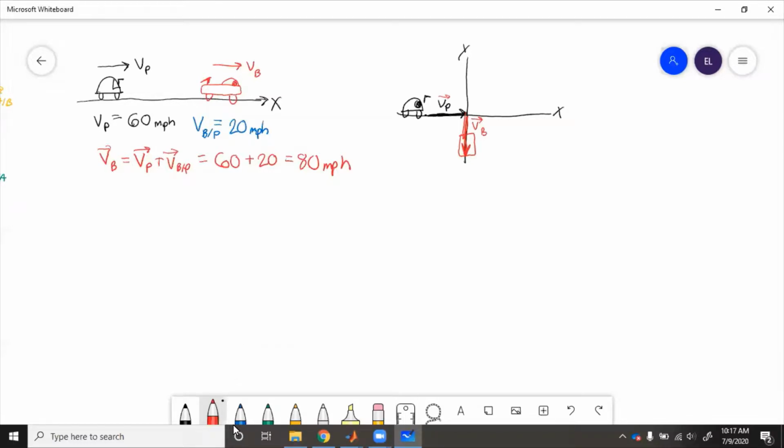So let's say Bob's velocity is 40 miles per hour, and the policeman's velocity is 30 miles per hour. So what is the velocity of Bob relative to the policeman?